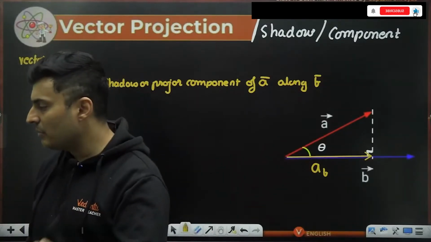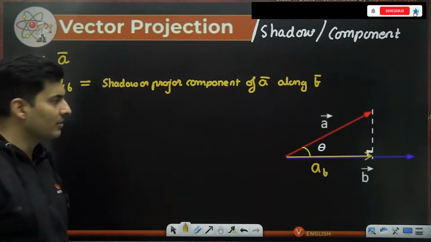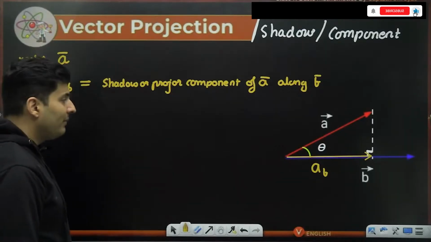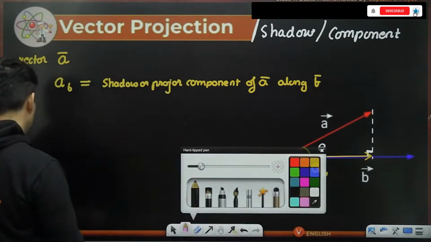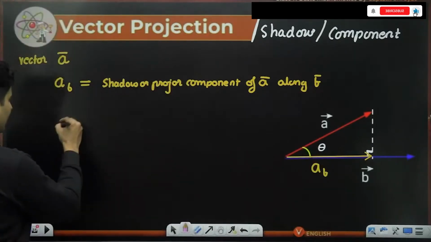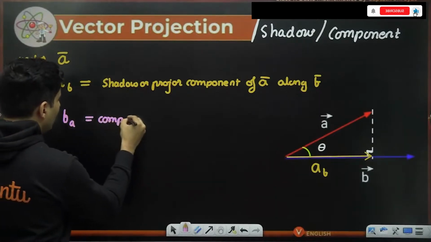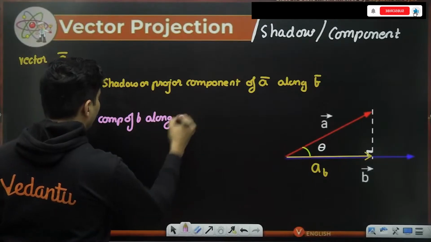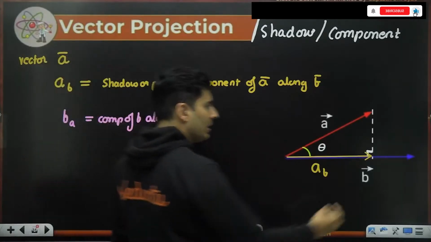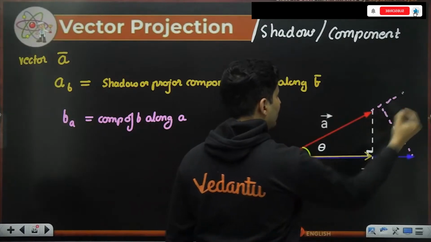Everybody understanding the meaning of this word, AB? What if it was BA? It means the component of B along A. Meaning, you take B and you drop a perpendicular on this line.